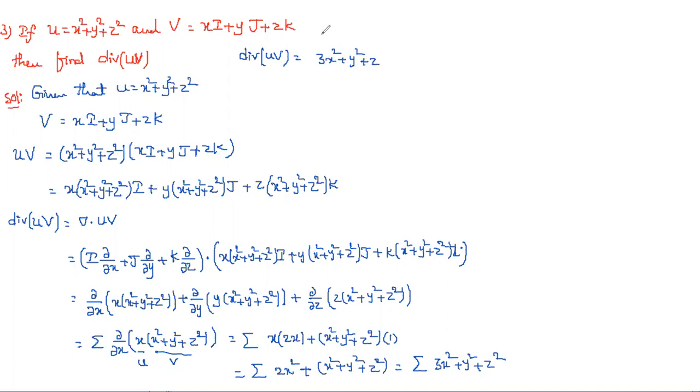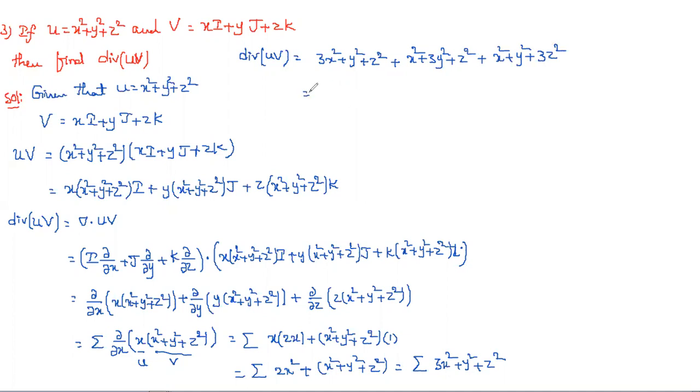Next, applying the same with respect to y, we get x square plus 3y square plus z square. And next, with respect to z, we get x square plus y square plus 3z square.